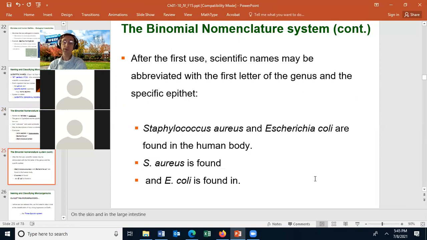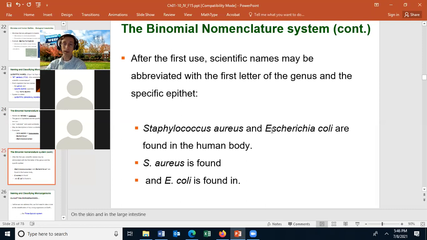After the first use of the scientific name, you may abbreviate the name by having the first letter of the genus and then a period, and then you follow with the specific epithet. For example, the first time you use Staphylococcus aureus, you have to spell it out, but all other times you can abbreviate it S. aureus.